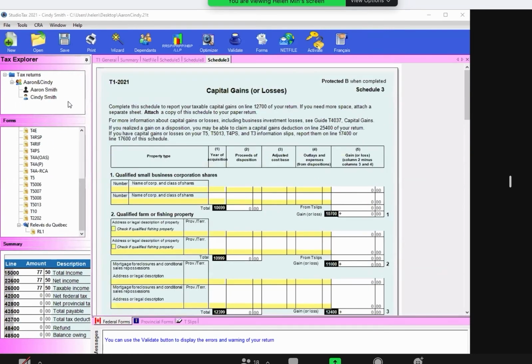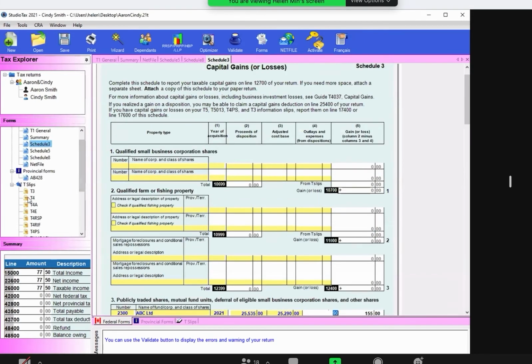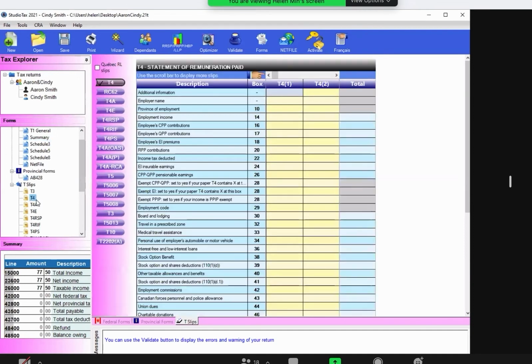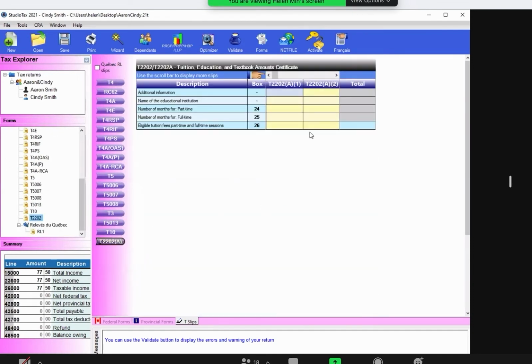You put your name and your wife's name there, and put all the information in, including your T4. Even if you already did your return, you still need to put in your T4 and your T2202.